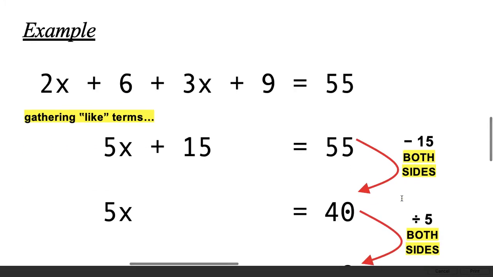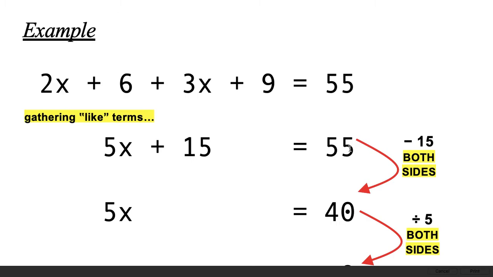So here's an example. 2x plus 6 plus 3x plus 9 equals 55. So you can gather up the x's, the 2x's and the 3x's together make 5x's, and you can gather up the numbers. 6 and 9 together makes 15. So that's gathering like terms, gathering things of the same type, giving you 5x plus 15 equals 55.